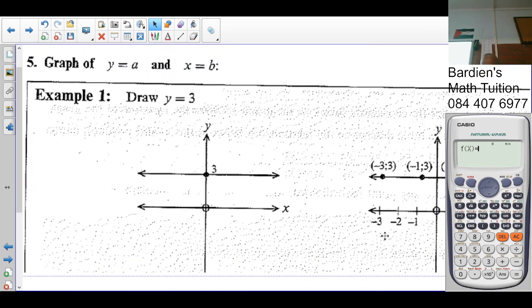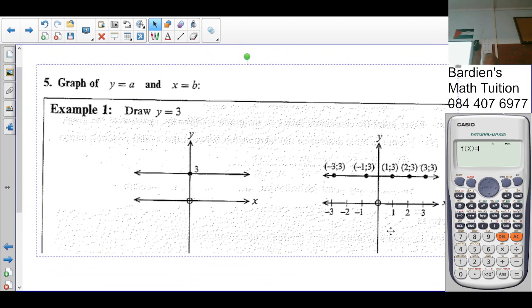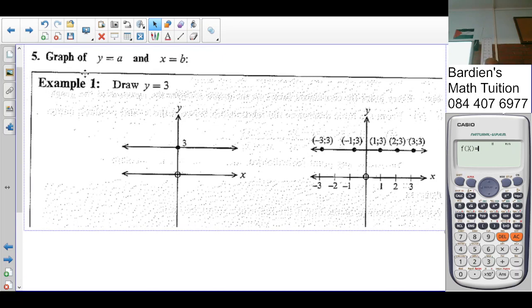I want you guys to write this down. You don't have to write the number 5 down. But you write the graphs of y is equal to a or x is equal to b. Write that down and you draw those two graphs for me. I'll explain it now. Let me just give you a chance to write that down.